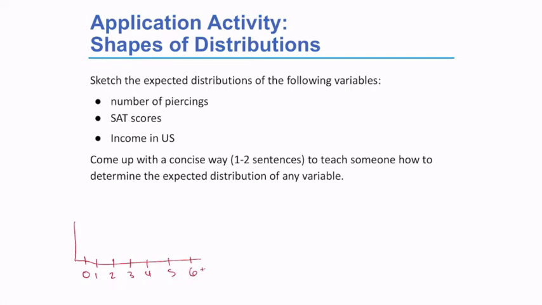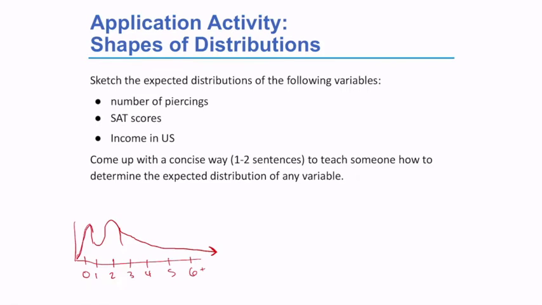I expect we'd have a large number of people with 0 and a large number of people with 2, right? Both ears pierced. And then smaller numbers of people with more than 2.